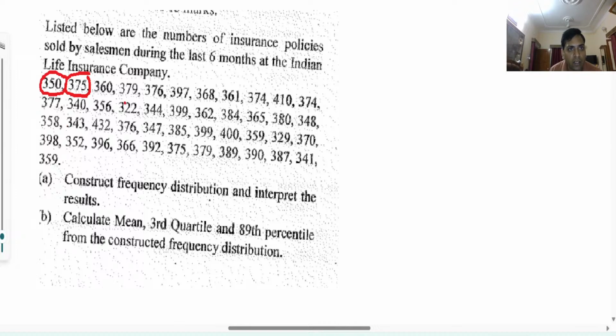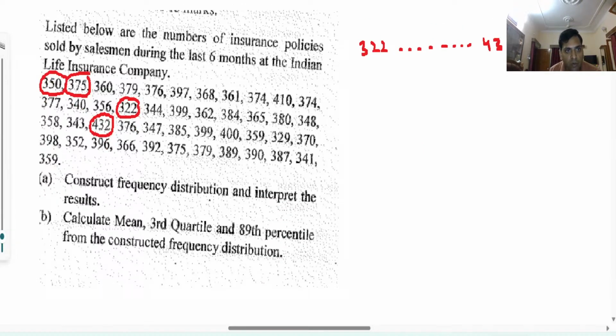The least quantity of this data is 322, and the highest quantity is 432. So first we will write in ascending order from 322 to 432, and then we will do the other task.